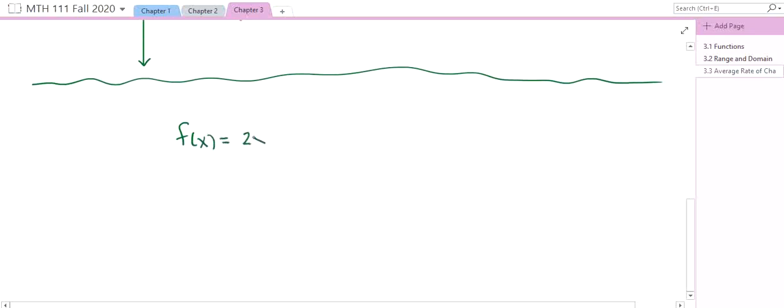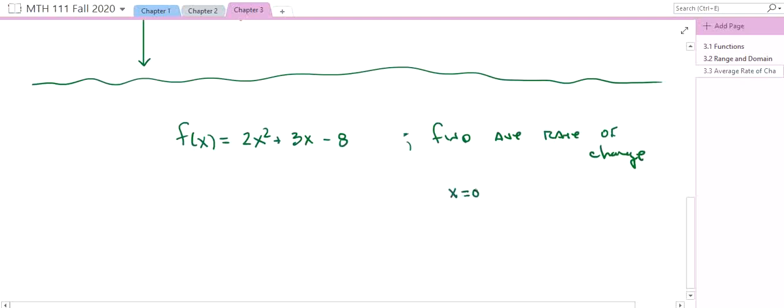Say we have 2x squared plus 3x minus 8. And we want to find the average rate of change. Now we have to have an interval.